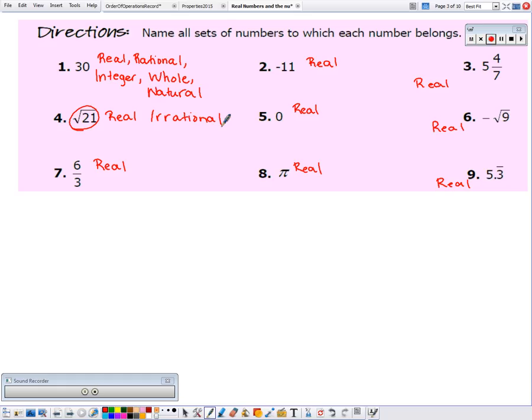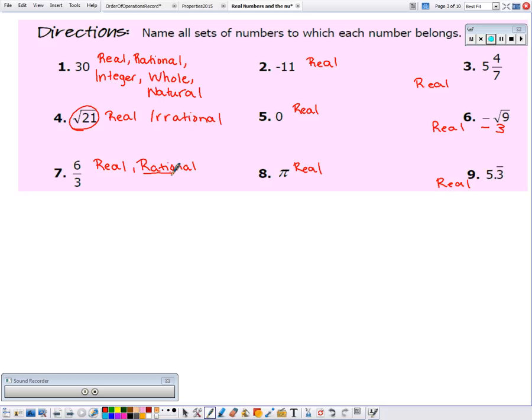What about negative square root of 9? This is -3. Is -3 irrational? No, it's not. Number 7, I'm going down instead of across. Real, it's rational.